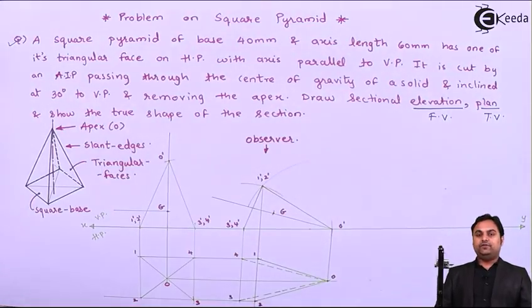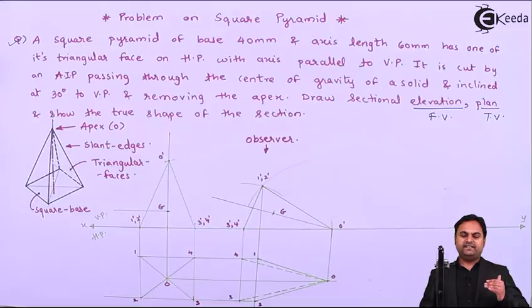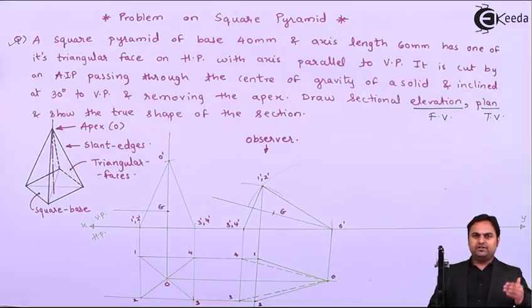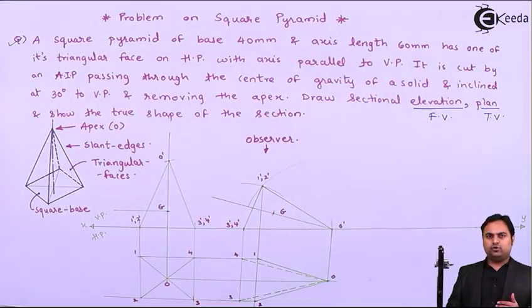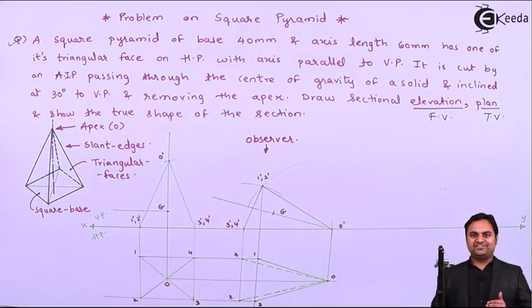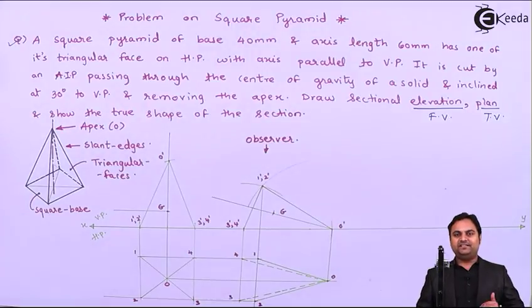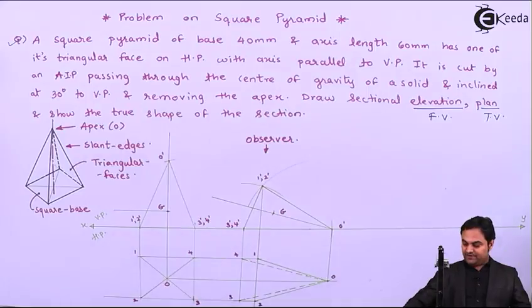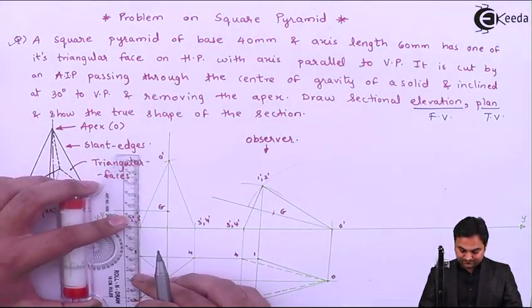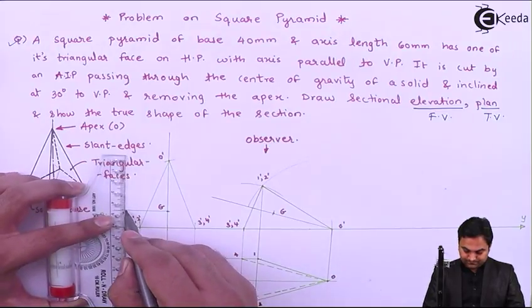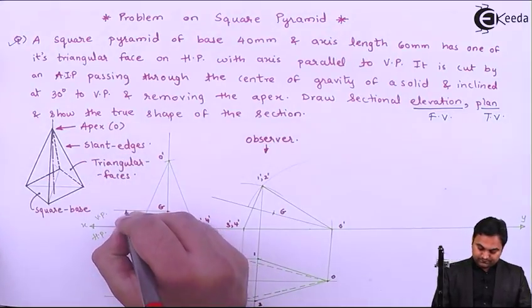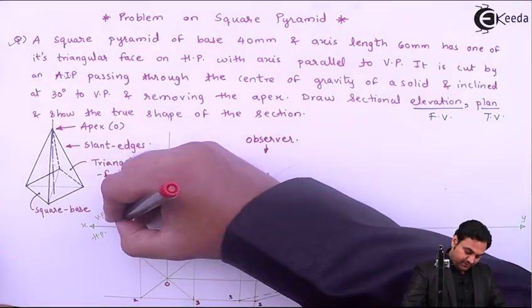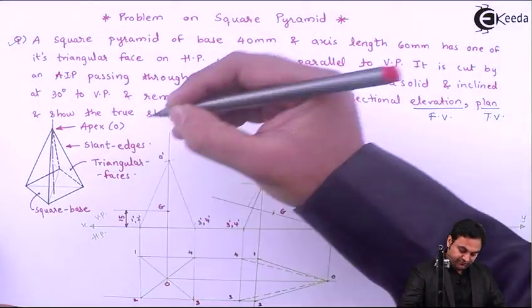For any kind of pyramid, the CG will be located at h by 4 distance from the base. Even for the cone it is at h by 4 distance, but for a cylinder it will be at h by 2 distance. So at h by 4 distance I'll mark it. This is 15 mm, which is nothing but h by 4.